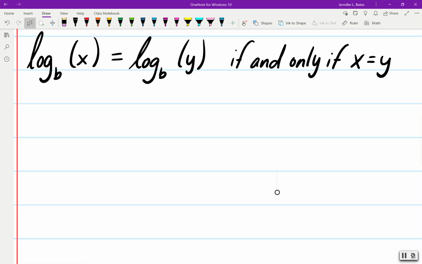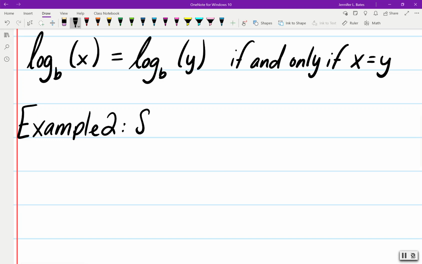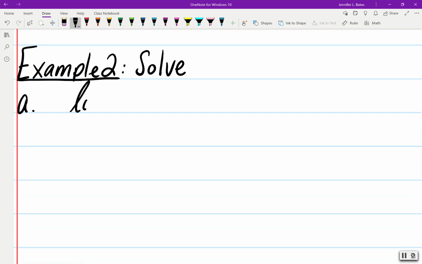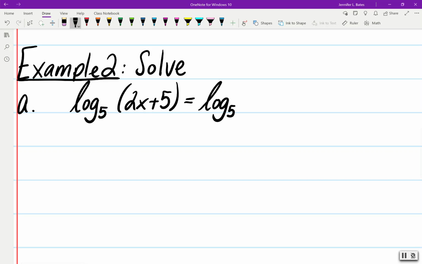So let's call this example 2. Example 2 says to solve, and here in problem A we're given log base 5 of 2x plus 5 is equal to log base 5 of 5x minus 4.